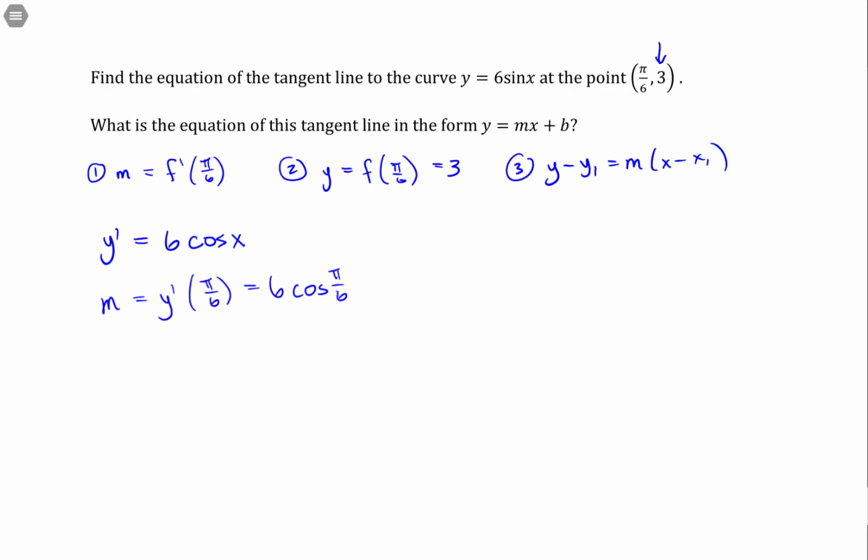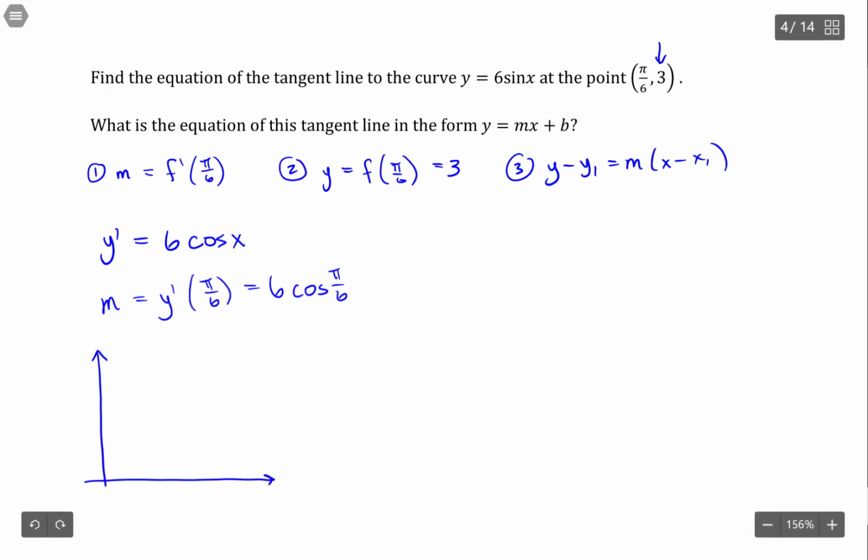All right, so I feel like you should always have memorized the different values of sine and cosine for quadrant 1, but if you don't, take a minute to work it out. Don't just randomly guess. So let's see. If I had a point on a unit circle on the x-axis, that would be 1, 0.